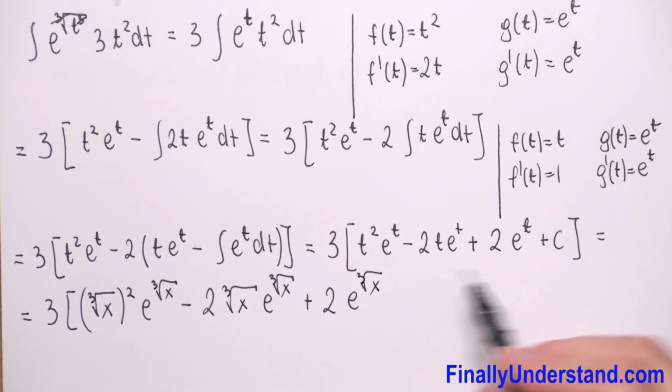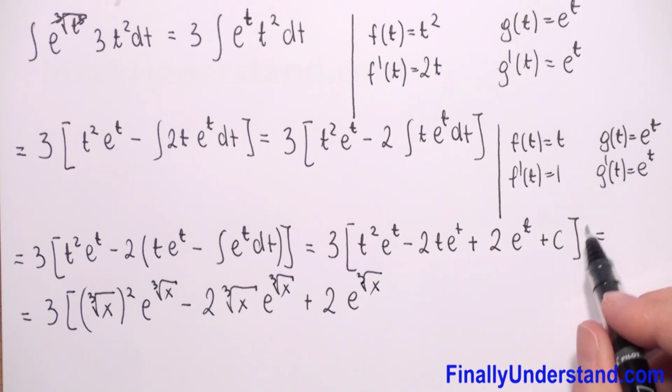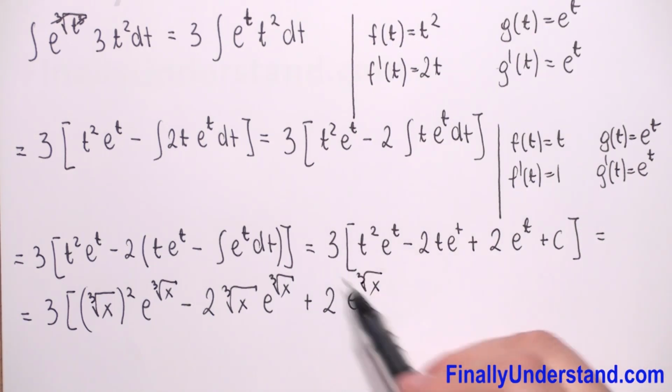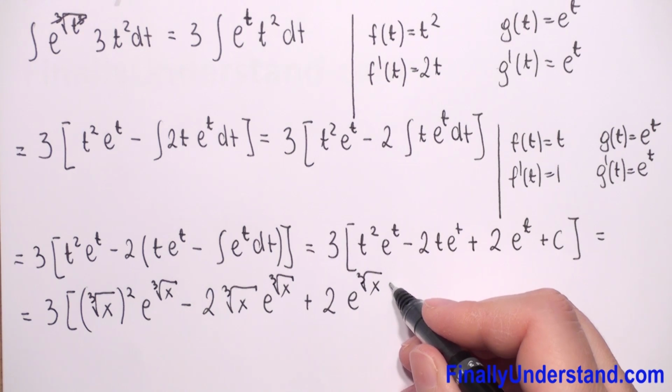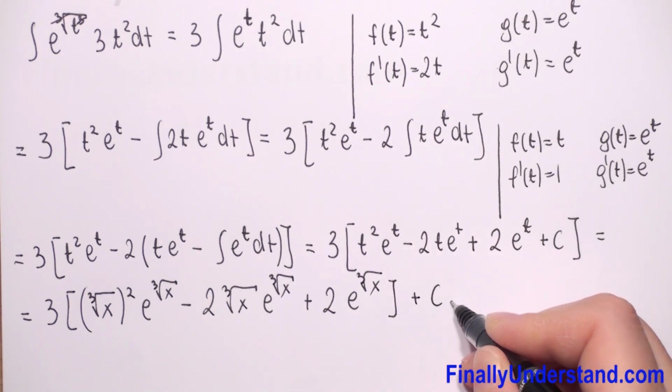We can take this constant after the brackets. So because 3 times a constant is still a constant, I can put plus c1.